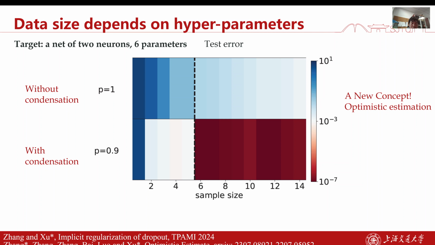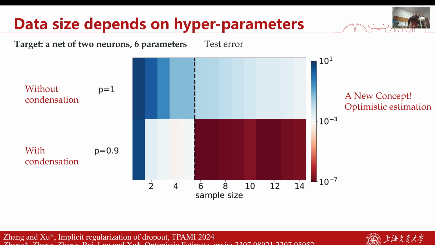We have multiple trials to get an average. Once the sample size is smaller than 6, the generalization error is quite large. But there's a sharp transition. If the sample size is equal to or larger than 6, it suddenly decreases to a very, very small error.